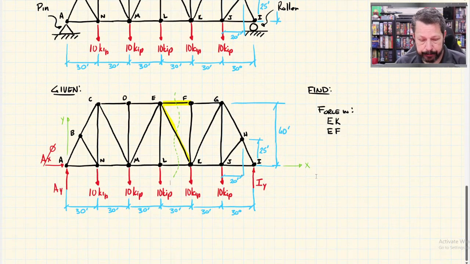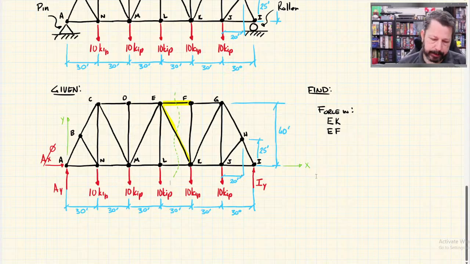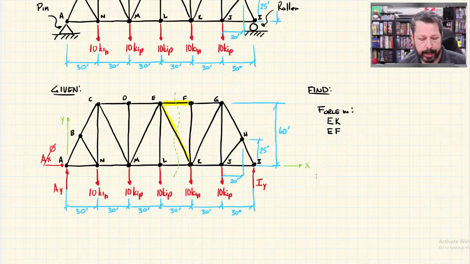In this case, if I use the left-hand section, then I need to know what AY is going to be, because that's part of the left-hand section. If I look at the right-hand section, which would be just as valid to use, I would need to know IY. So I need to know one of those, if not both.